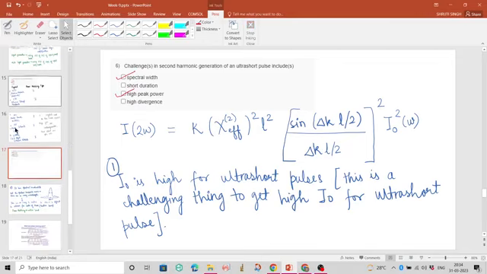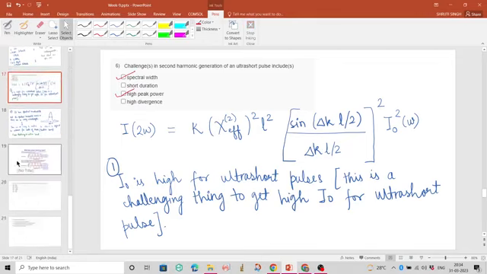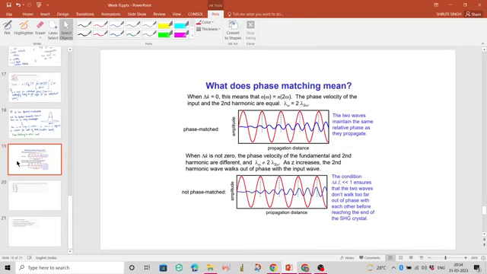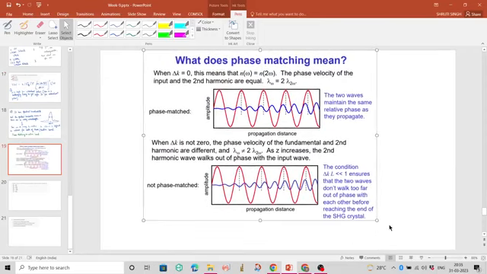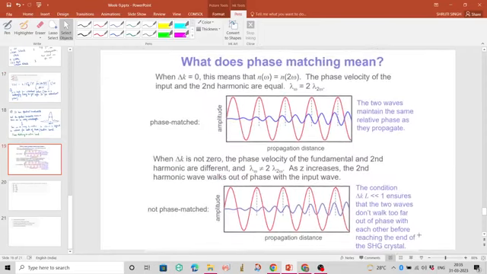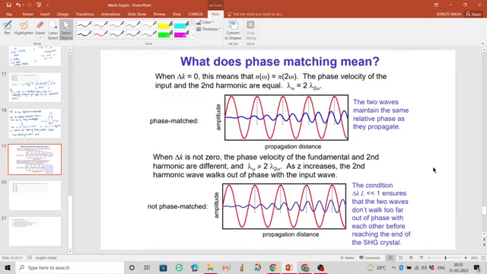Okay. So here I have given an example of what phase matching means. So what does phase matching mean? When delta k equals to 0.